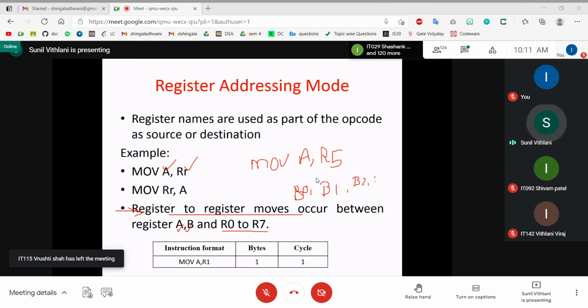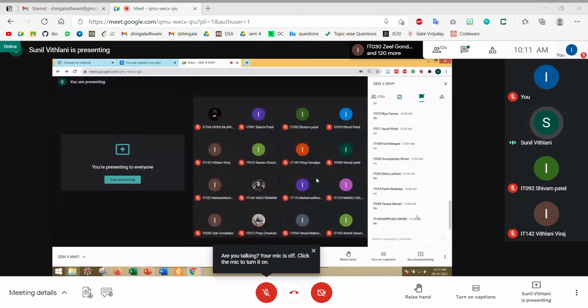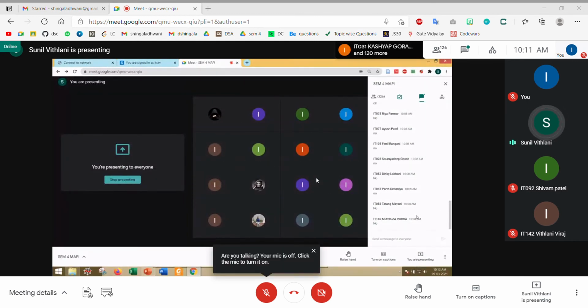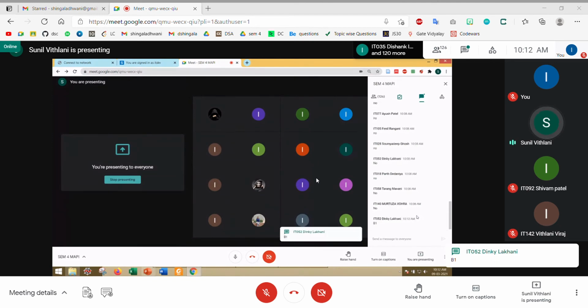So which bank will be used here? The R5 register will be from which bank? Which R5 register will be selected? Whether this R5 will be from bank 0, bank 1, bank 2 or bank 3. You know what a bank is, right? Bank 0, bank 1, bank 2.